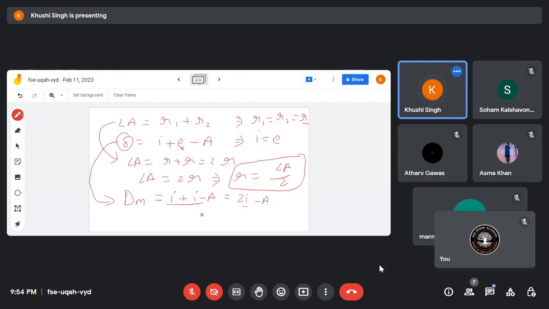So dm equals 2I minus A. I will send this minus A to that side, it will become positive A. So dm plus A, and this 2 is multiplied here, so if I send it this side, it will become division, equal to I. So now let's see what we have. We have expression in terms of I and we have expression in terms of R. Simple. I'm having my I and I'm having my R. So next, if I have my I and I have my R, what to do here? I will use Snell's law.